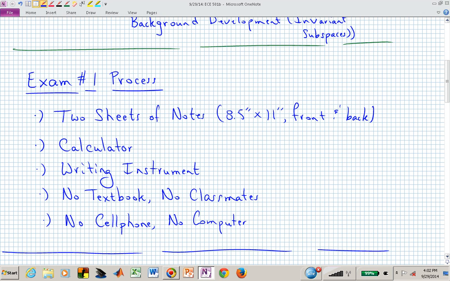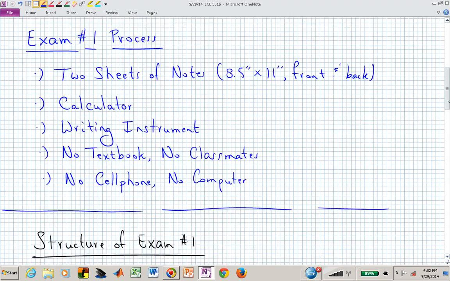I'm not sure you will need a calculator, but if you need to add up 1 and 1, the calculator might help you get through that particular stalemate that you might arrive at in your exam. It might be faster than thinking through that process. Everything else is not allowed. No textbook, no classmates, no cell phone, and no computer.